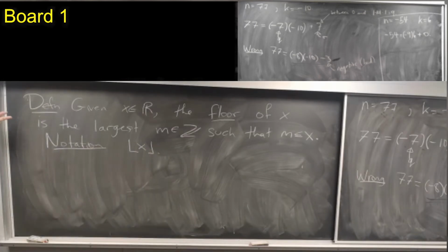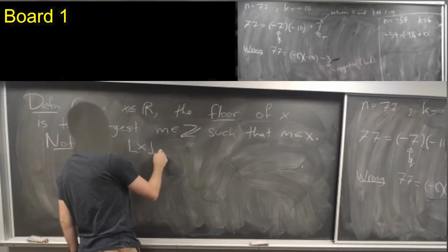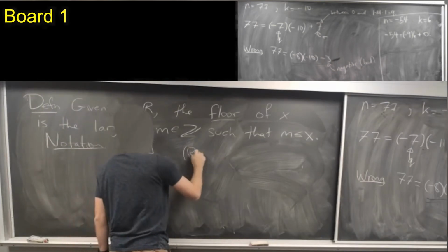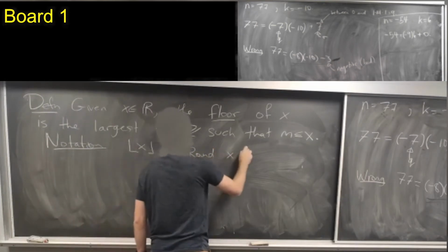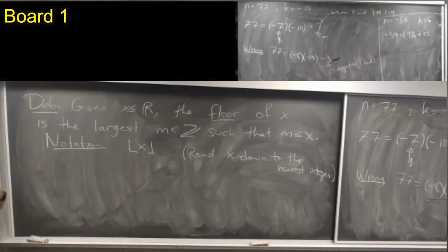This might sound kind of technical, but all I'm saying here is round it down, right? So the floor of x is just round x down to the nearest integer.